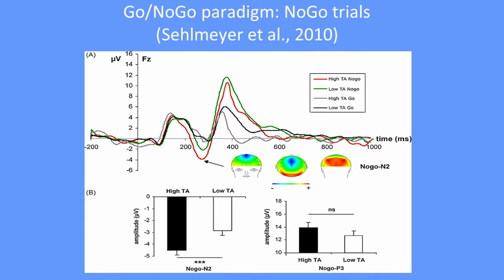Again, we're looking at the no-go trials, and amazingly enough, here's the high trait anxious, there's the low trait anxious, and the largest difference between the two is exactly at the point where it has been established that inhibitory processes are required.